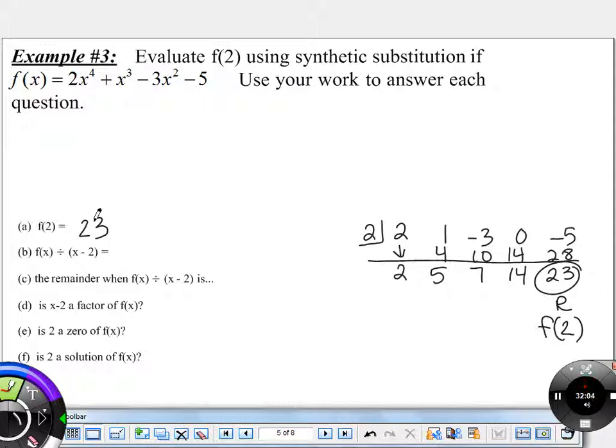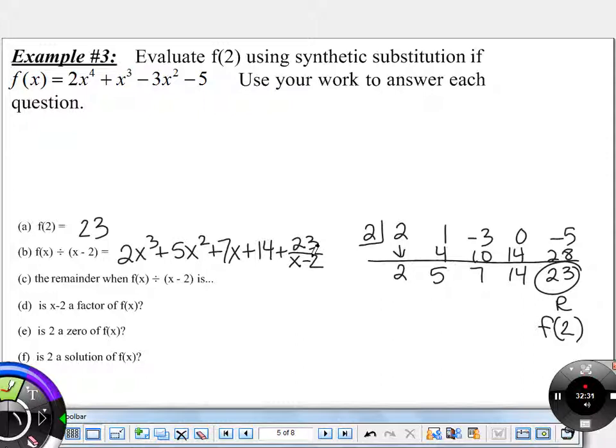What is f of x divided by x minus 2? So what do we get when we take that function and divide it by x minus 2? Matt? Does everybody see where he's getting that from?